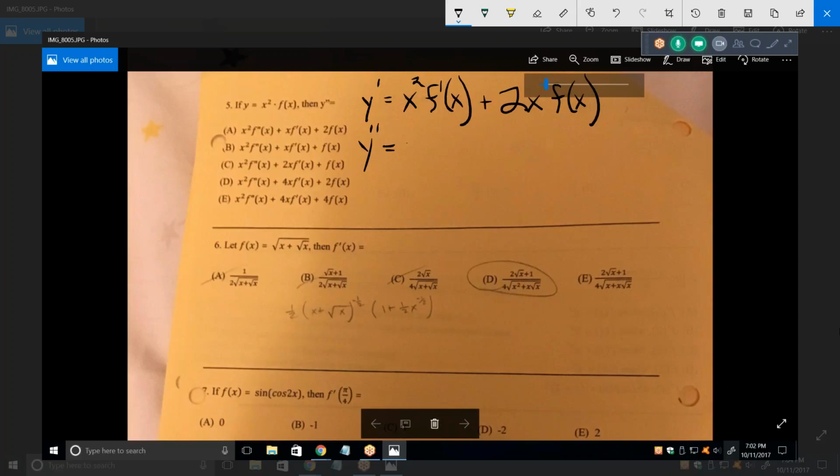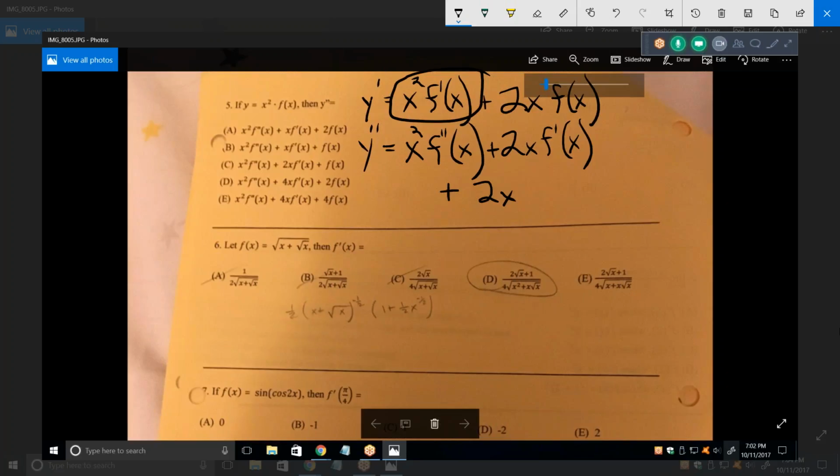So would it be x squared times f double prime of x, and then 2x times f prime of x. Now, all of that I just wrote is just that. Yeah. Now let's do the other half of it. And then you do plus 2x.